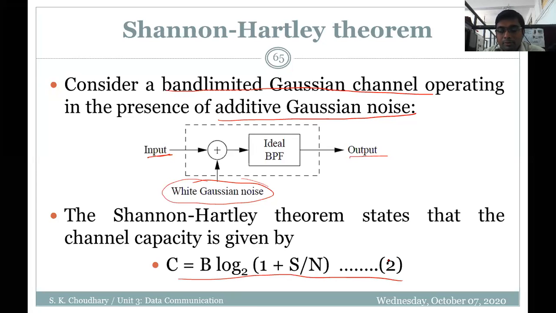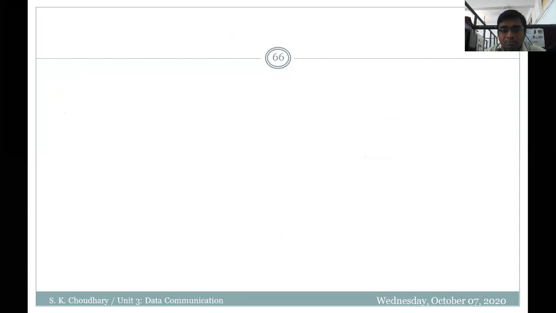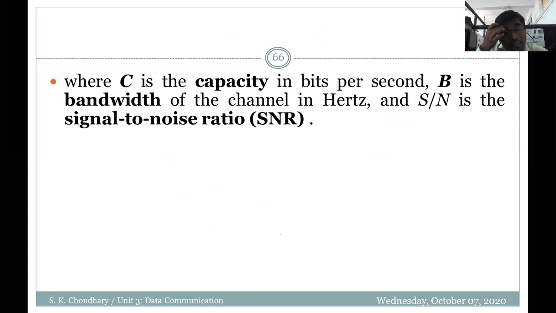Okay. And if you see this formula, C is the channel capacity, which has the unit bits per second. B is your bandwidth, represented in hertz, and S upon N is nothing but your signal to noise ratio.